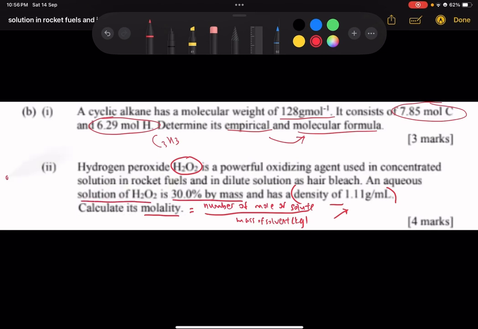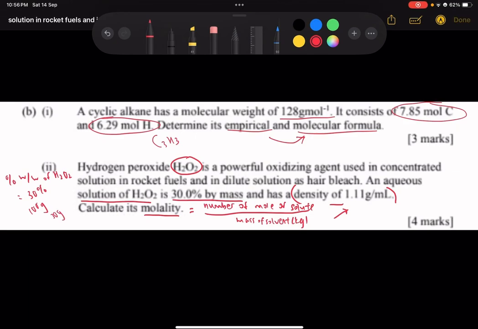So H2O2 is actually equal to 30%. So from here, we can know that here is 30%, right? To find the mass, we can just assume it to be 100 gram, and then we can find that the H2O2 in the aqueous solution is actually 30 gram.